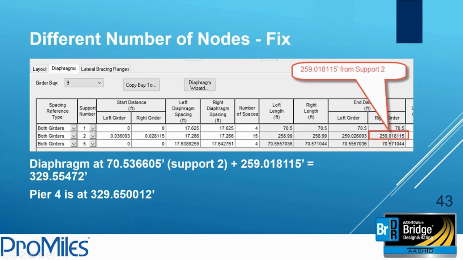So this is causing the extra diaphragm node to be added on girder G10, which is a right girder.